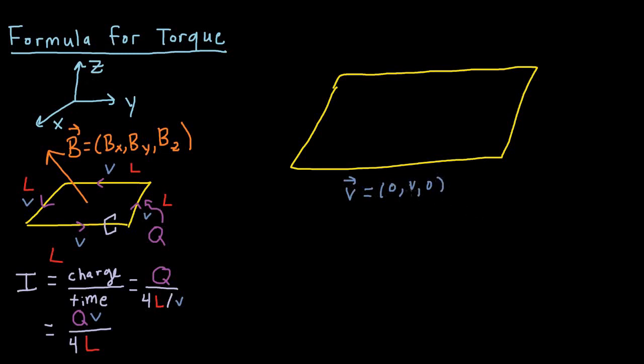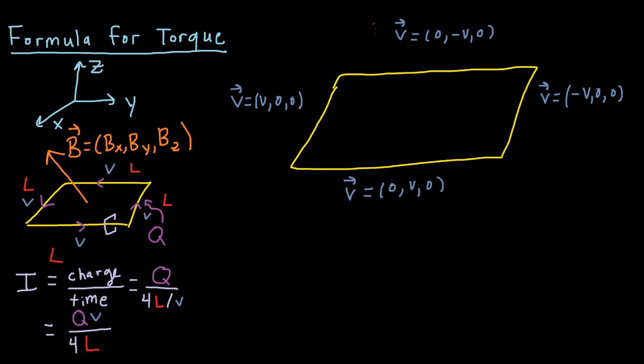So that's the y component is v. Then along this part, I have that v equals negative v, 0, 0. Along this top part, I have that v equals 0, negative v, 0. Along this part, I have that v equals v, 0, 0.